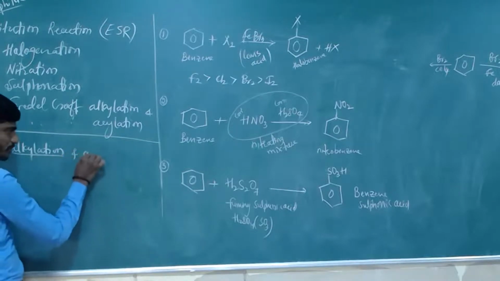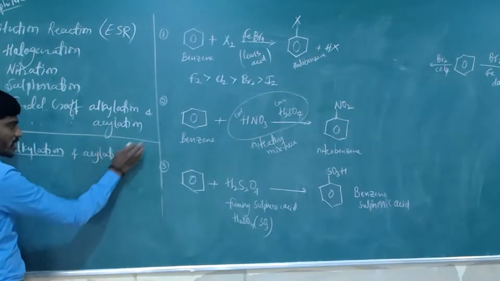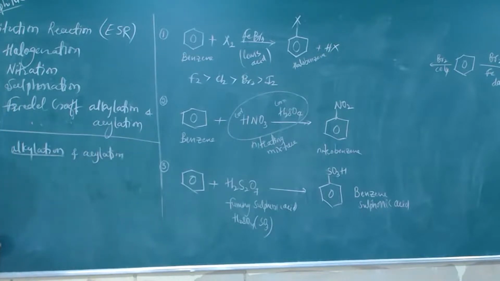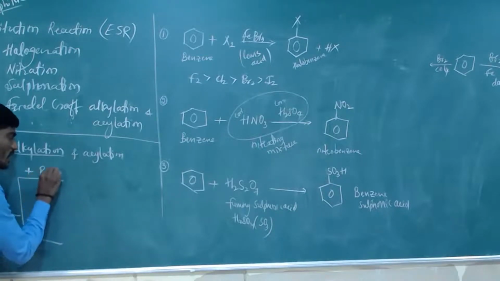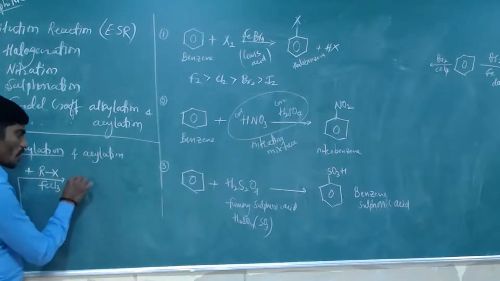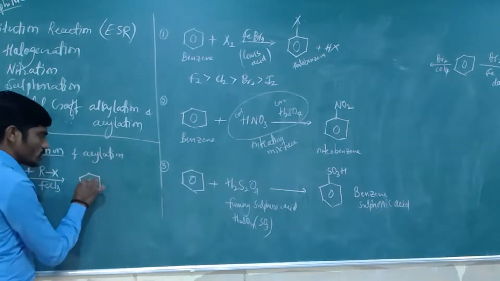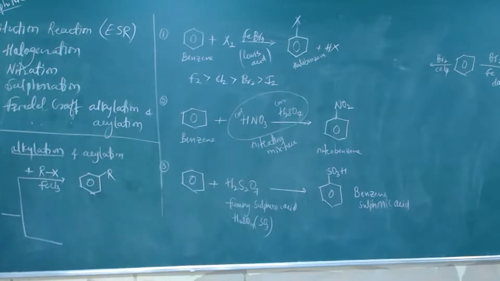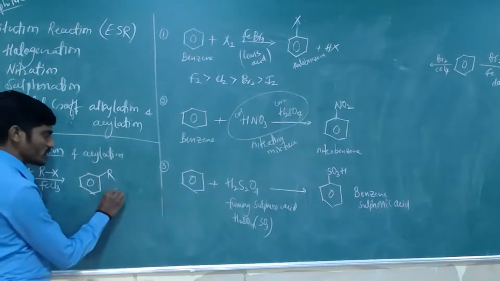Alkylation and acylation are the fourth and fifth reactions; you can write them in one or separately. First, the alkylation product: when benzene is treated with alkyl halide in the presence of FeCl3, AlCl3 or FeBr3, that is, a Lewis acid, this gives rise to the product alkyl benzene. So one of the hydrogens is replaced by an R group.